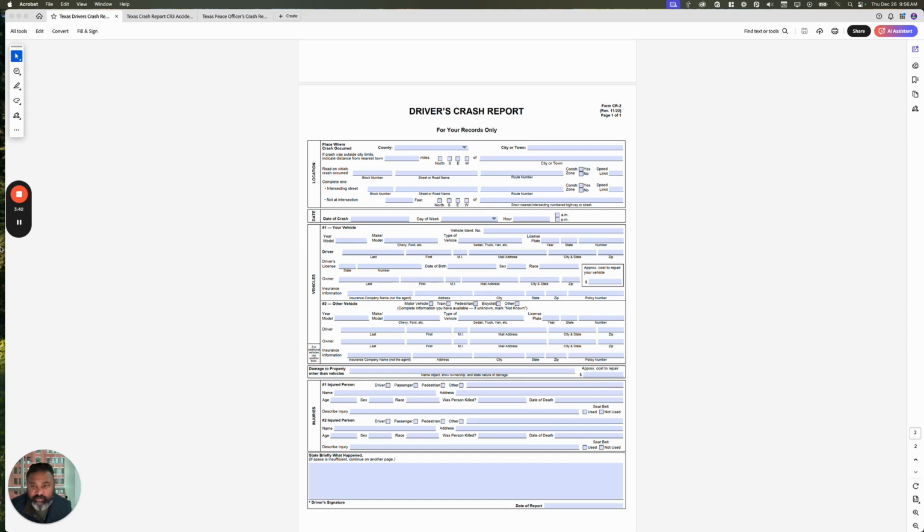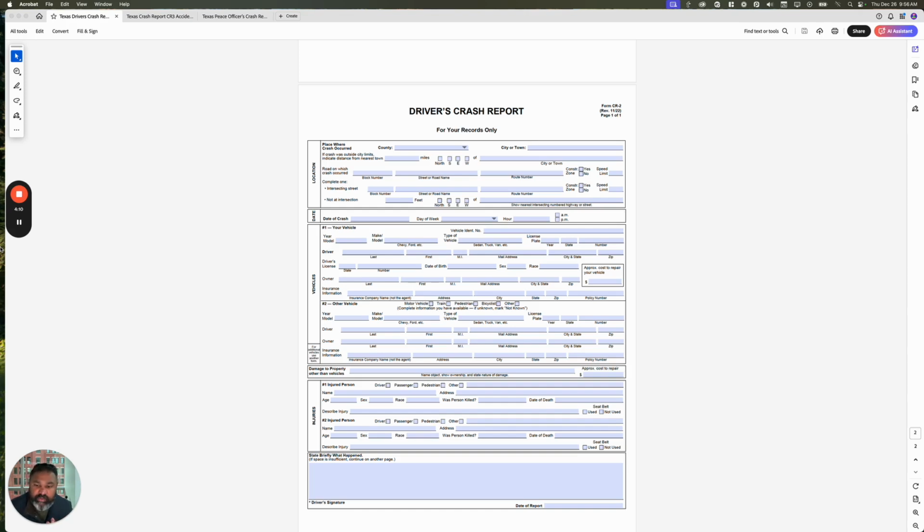So in a very straightforward manner, it's asking you for the location as best you can describe it. It's going to ask you the date and time of the accident, and then it's going to ask you for the vehicles that were involved. You're going to start with your vehicle, and then you're going to put down as much information as you have regarding the other vehicle or even train, pedestrian, bicyclist, other that was involved in this accident.